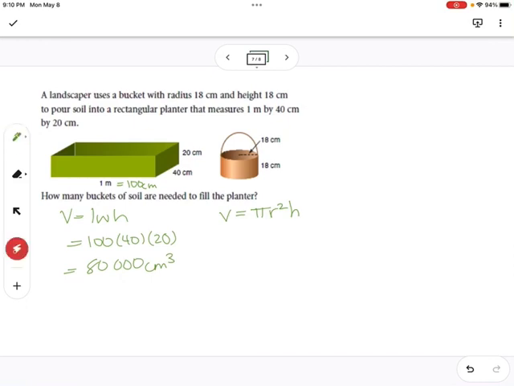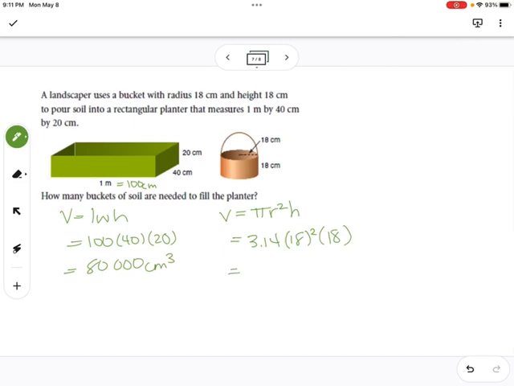Okay, it does give us the radius. You have to be careful with the cylinder, whether it's talking diameter or radius, but it does give us the radius here, so we can use that 18 and a height of 18. So that's 3.14 times 18 squared times 18.